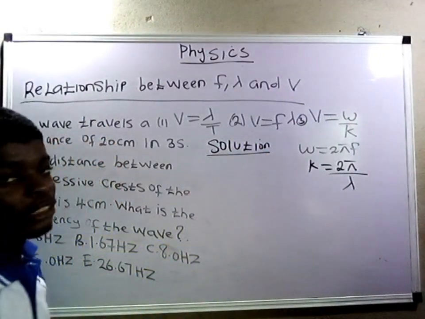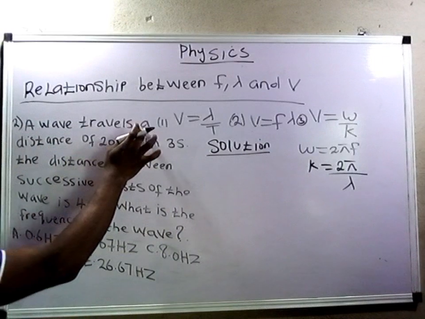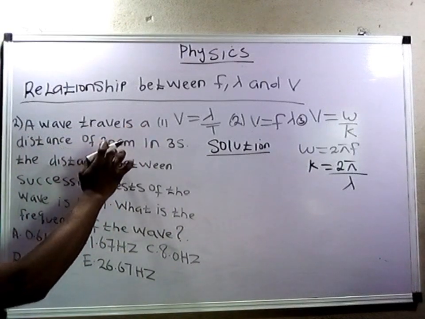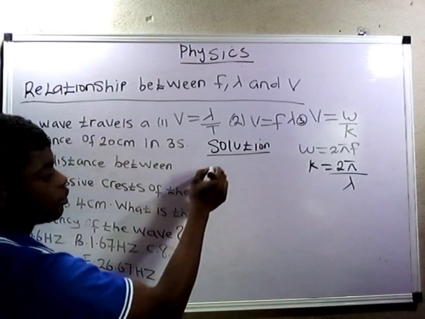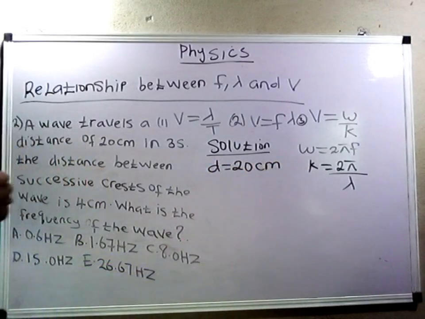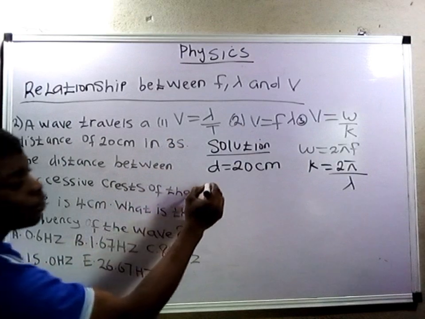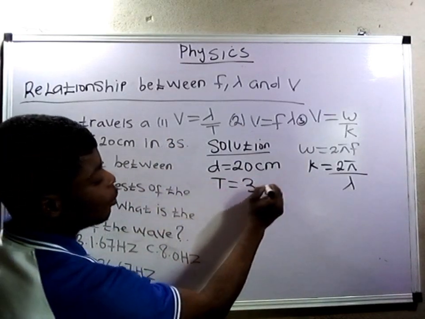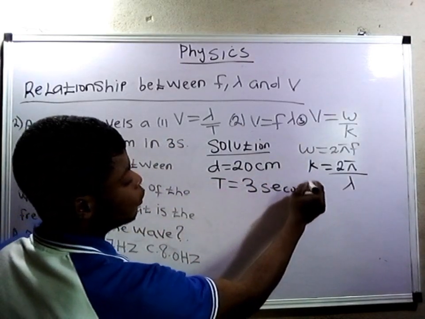Let's bring out our parameters. From the question, a wave traveled a distance of 20 centimeters. That means your distance is 20 centimeters, in 3 seconds. That means your period is 3 seconds. That must be noted.